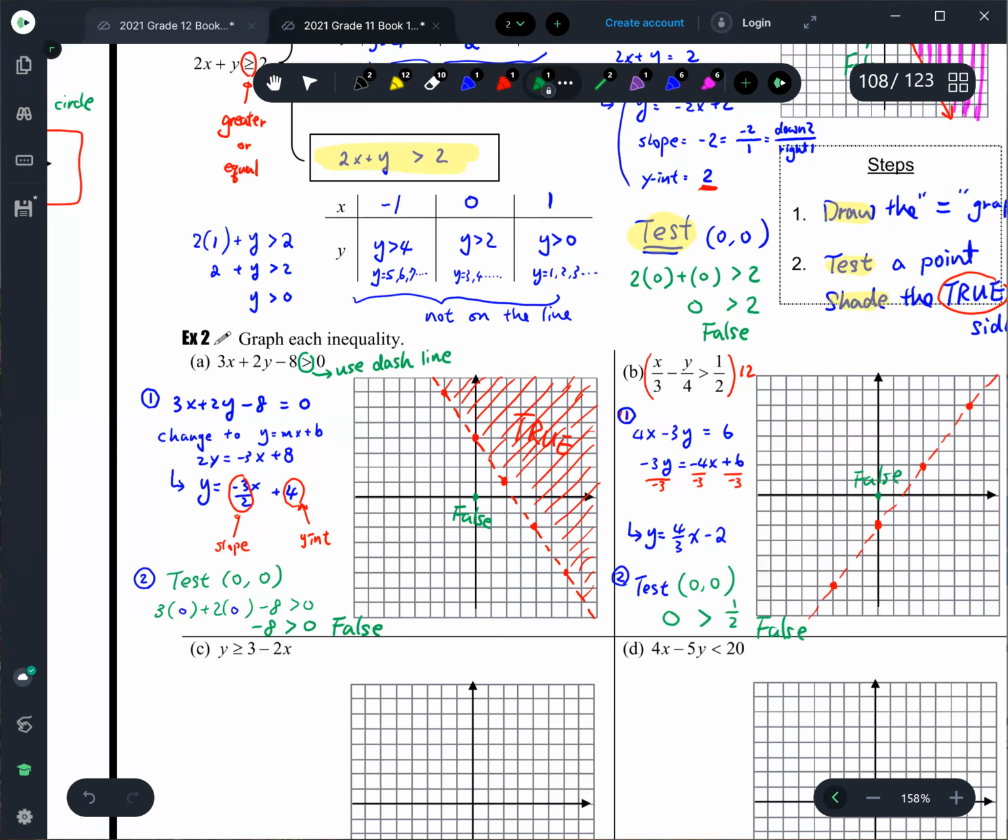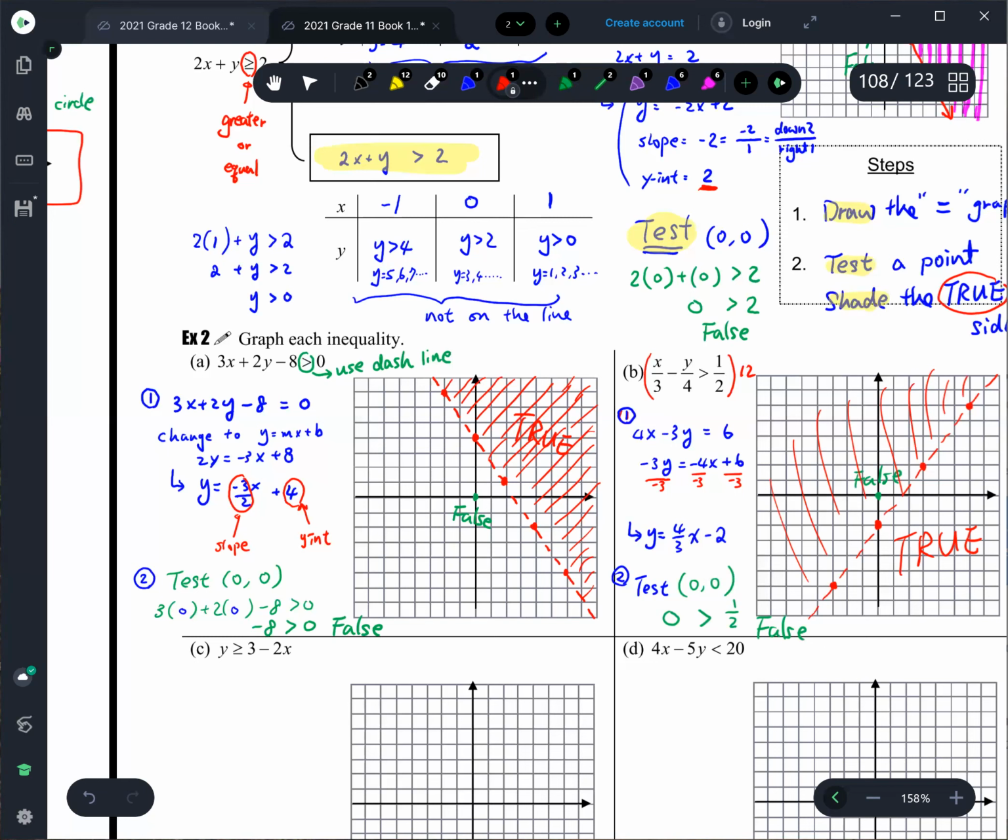So if that side is false, that means the other side will be the true side. Okay, if you plug it in and it's true, then you have to shade this side.